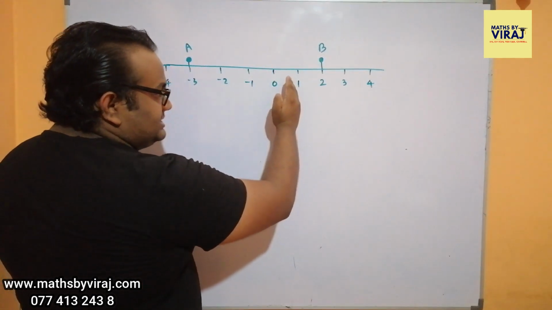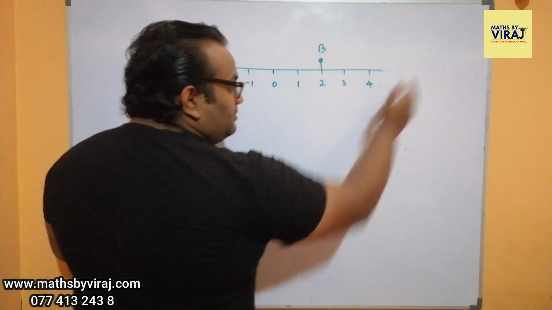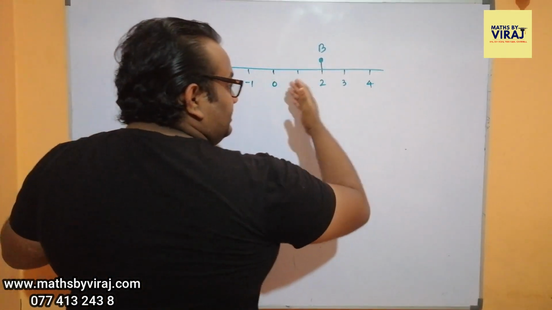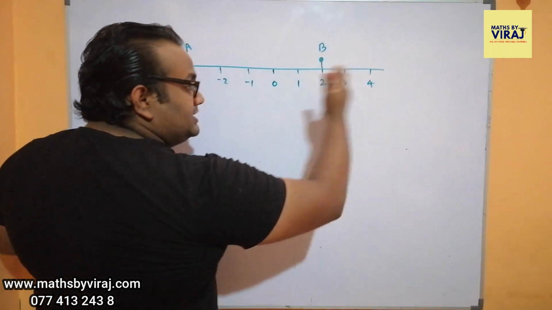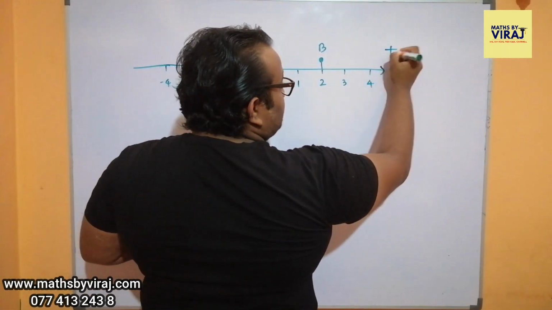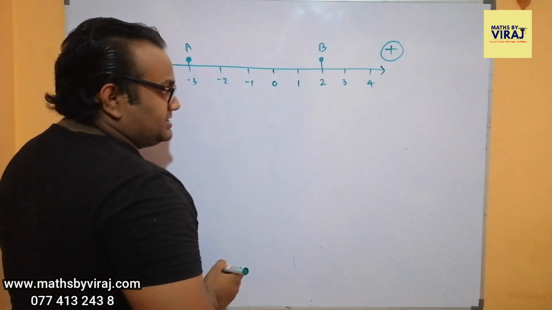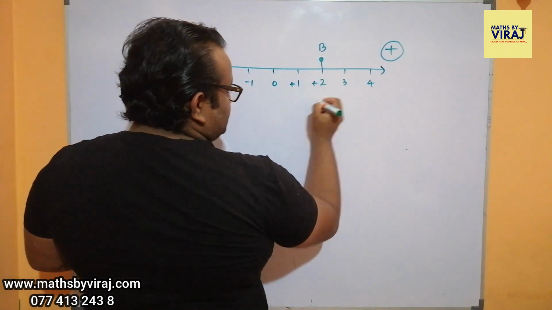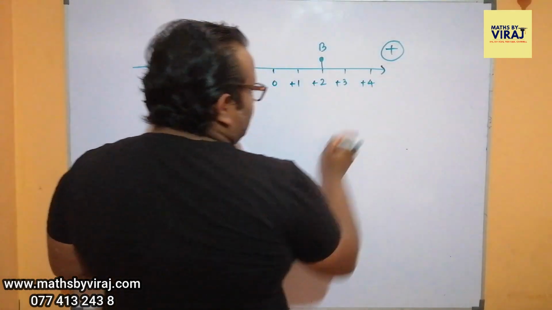All the numbers which are moving away from 0. Now when you look at the board, all the numbers that are going towards the right side are called plus numbers or positive numbers. We can write it as plus 1, plus 2, plus 3, plus 4.